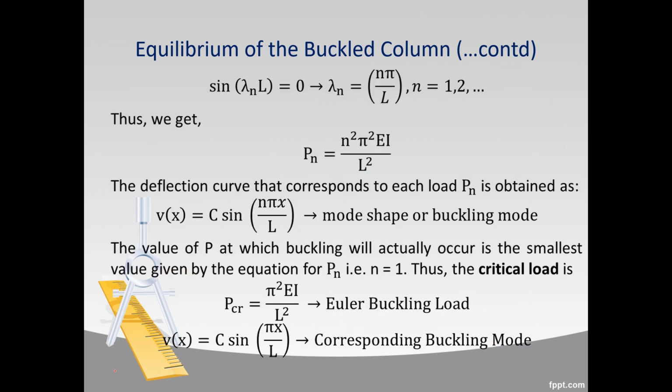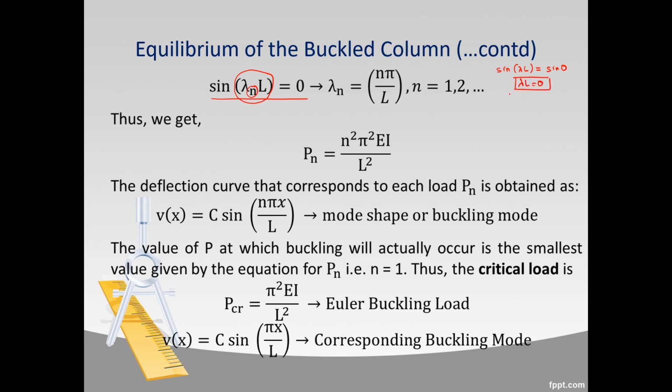The same thing is written here now. Sine lambda n times L equals to 0. Why n times L? Why have we used this suffix here? Because we are going to get the general value of this lambda L. The simplest condition will be that sine lambda L equal to sine 0 such that lambda L equals to 0.